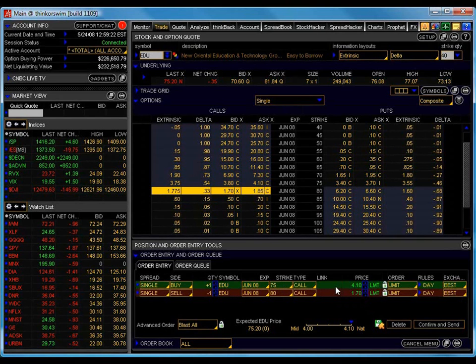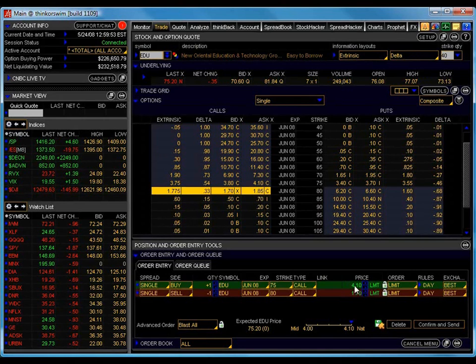It's also called a bullish vertical spread because we are making a directional play here. We are anticipating that the stock is going to go up. So this 75 call, 80 call, it's a $5 vertical spread or a bull call spread, and that means that if in fact the stock does go up, we will make money. How much money will we make?